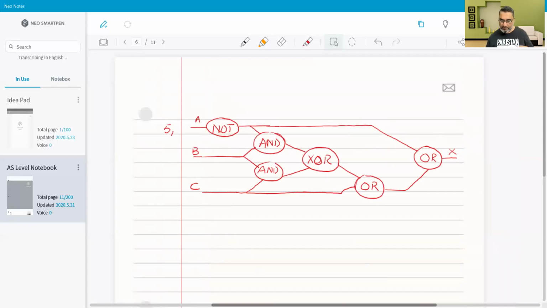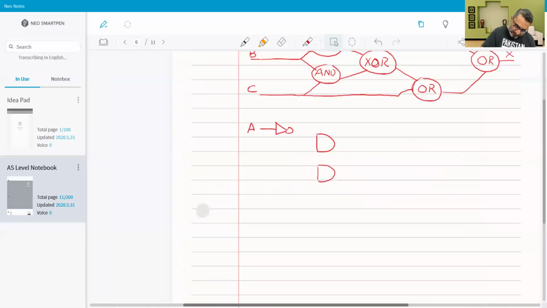So let's see how do we work it out. So A naught and then we have got AND gate, another AND gate. So no diagonal line. And then we have got exclusive OR. Here we go.